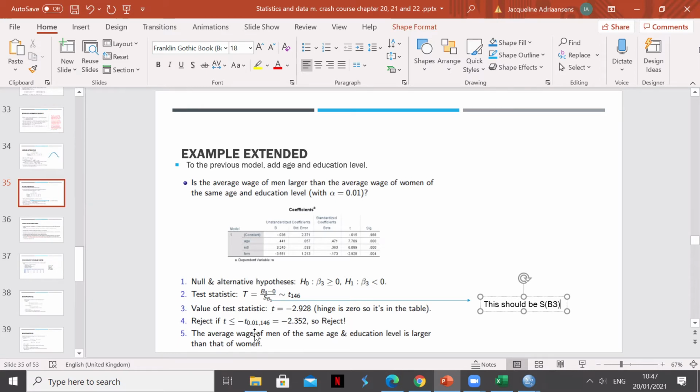Thus, I conclude that if I reject this one, I can accept this one. Thus, the average wage of men of the same age and education level, you have to include that because sometimes it doesn't say you have to keep those constant. So if it says keep those constant, you include it as well, and is larger than that of women.